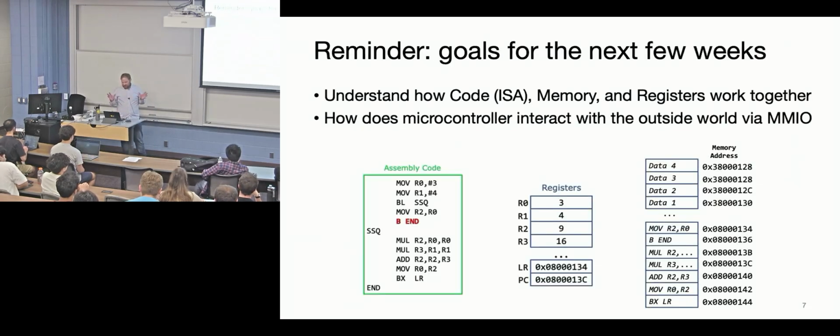The goal for the next, say, 3 weeks is to understand how code, the registers in the core, and memory work together, and eventually how they manipulate those registers on a more detailed level and how you communicate with the outside world. So today we're really going to be working on the ISA, understanding that so that we can start using all these pieces together and understanding how the ARM Cortex M4 that you have in lab works.